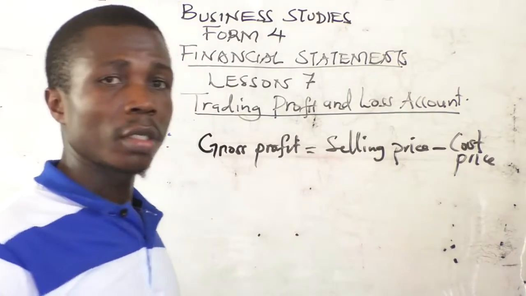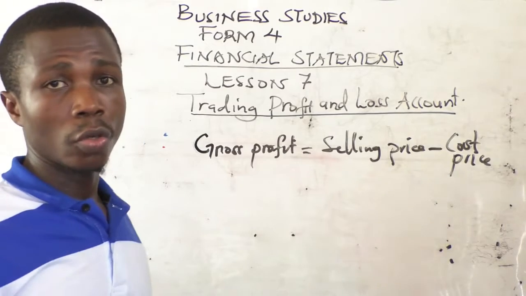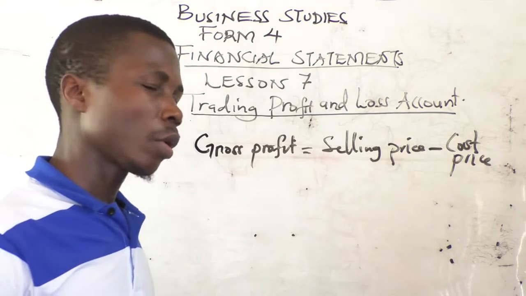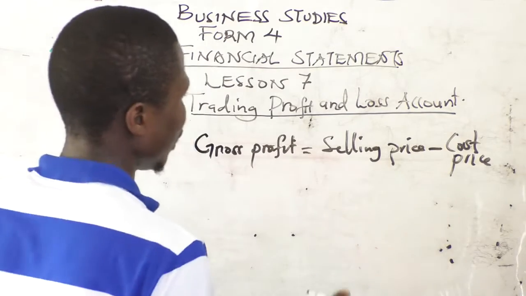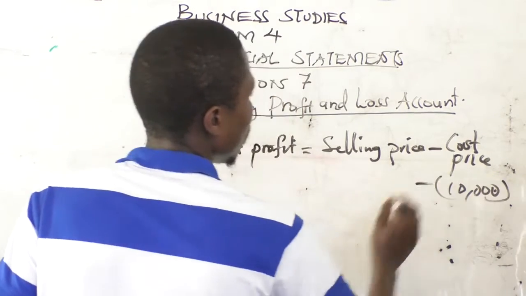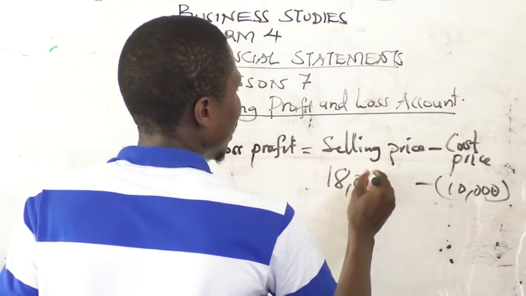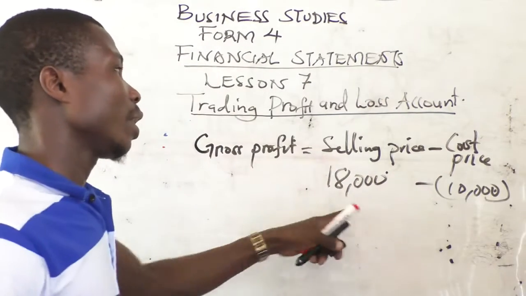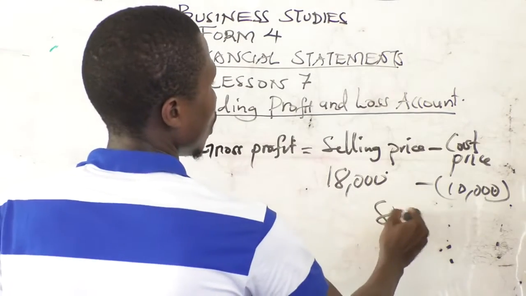After using 10,000 you managed to sell the total goods or products, or let's say stock, maybe for 18,000. So if 10,000 was the cost of goods, and you managed to sell it for 18,000, you're going to say that 18,000 minus 10,000 is going to be 8,000.